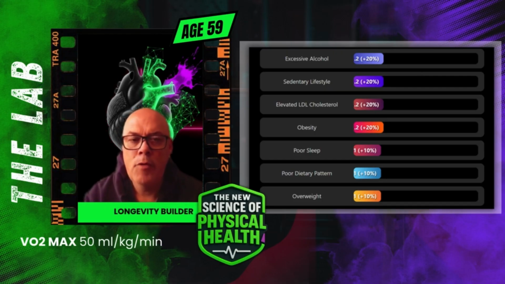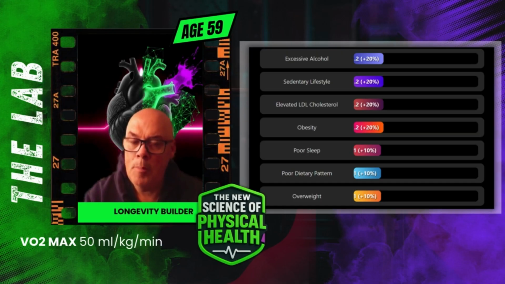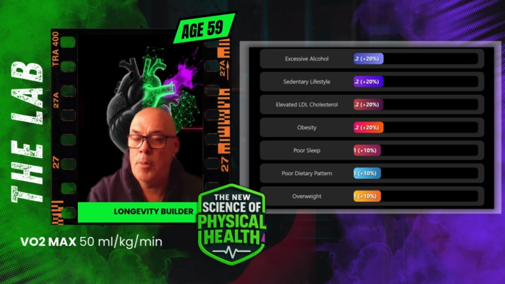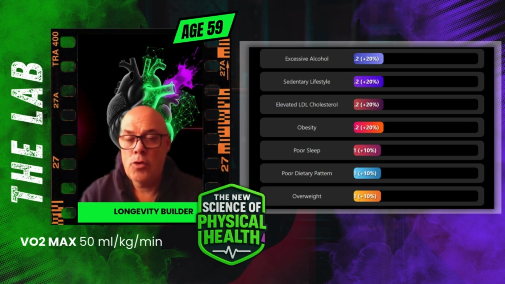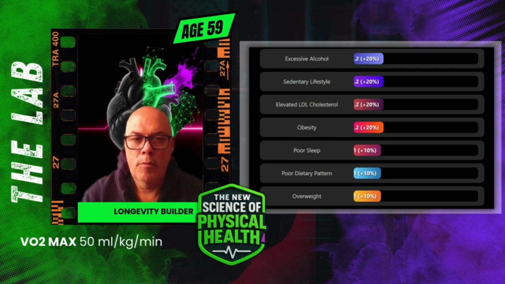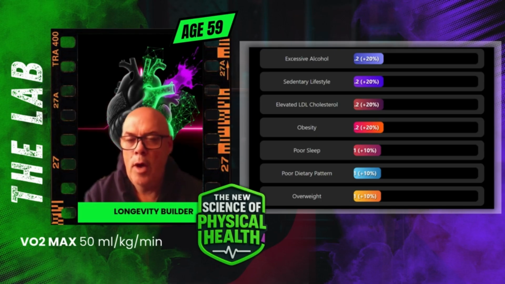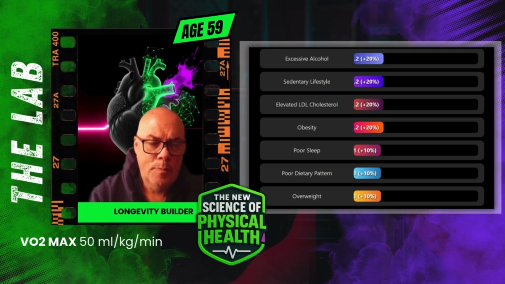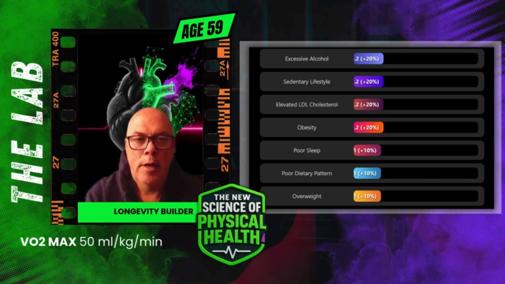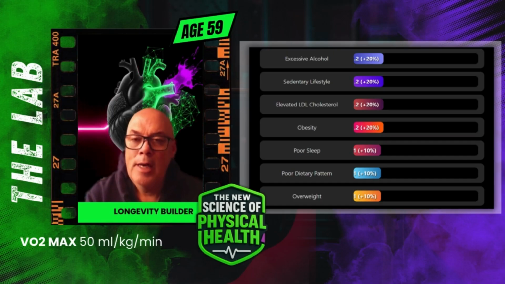If it's that high, you have a 1.2 hazard ratio, a 20% increased risk interfering with longevity and health span. Sedentary, if you're a person who is, same thing. If you're not very active, you don't use the correct dose of physical activity, you have a 20% hazard ratio. Excessive alcohol consumption, the same, right? That's the first part of the bar graph when you get to the website.